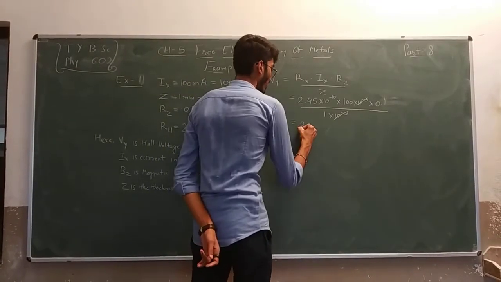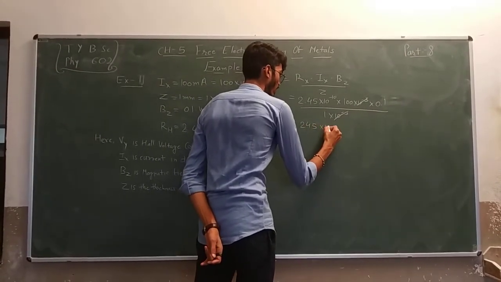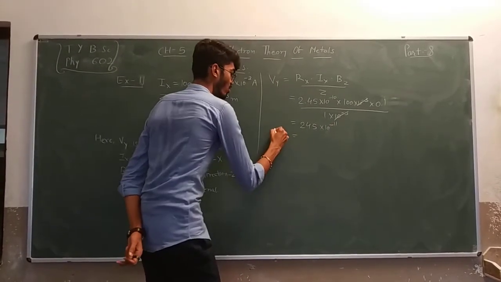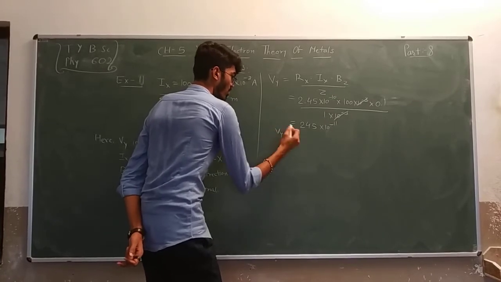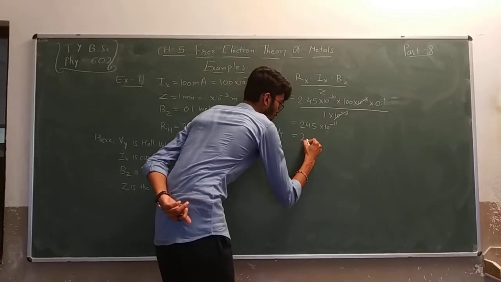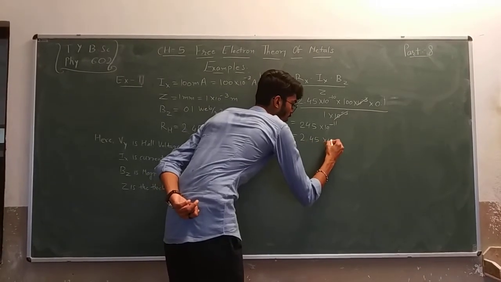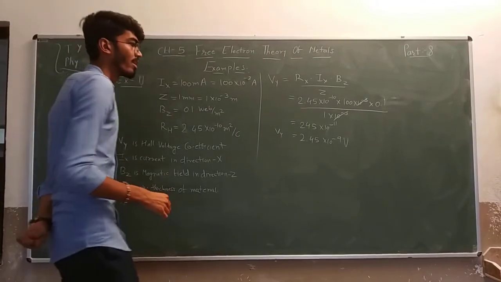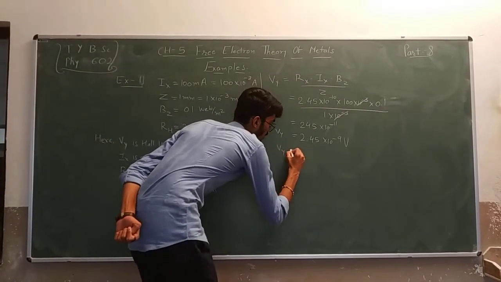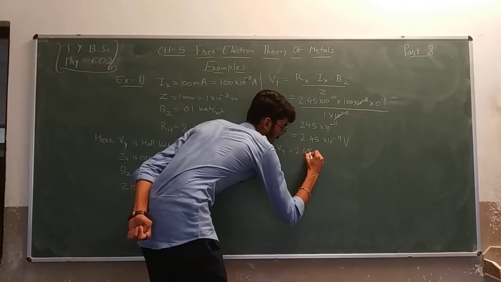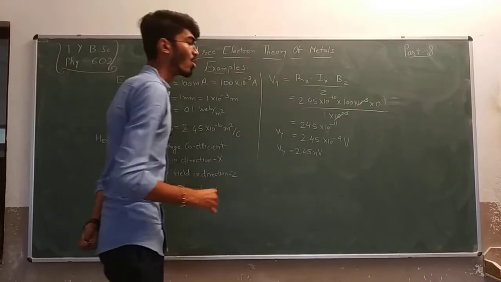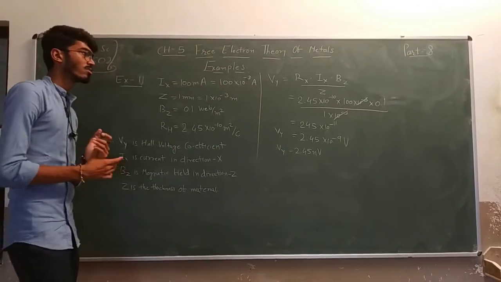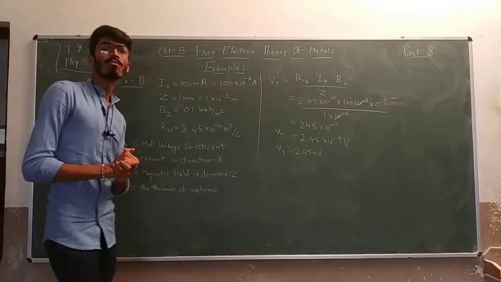After that, 2.45 cross 10 raised to minus 11 is equal to... V of Y is equal to 2.45 cross 10 raised to minus 9 volt. Here 10 raised to minus 9 is nano. So 2.45 nanovolt. So here we find our EMF for the material sodium.